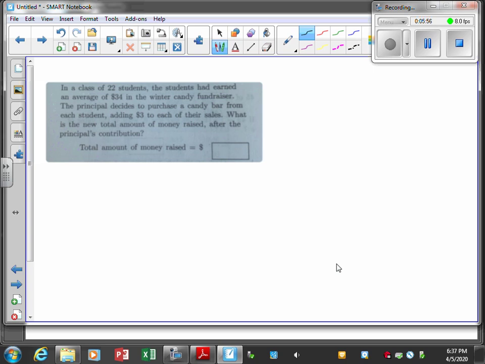Okay, so to get the average, you take the total cost, which we don't know what it is, the amount, divide by the students. There were 22 students, and the average came up to be $34. So what we didn't know was what the total cost was, but we did know the total number of students and the average. We could cross multiply to solve for that total right there.